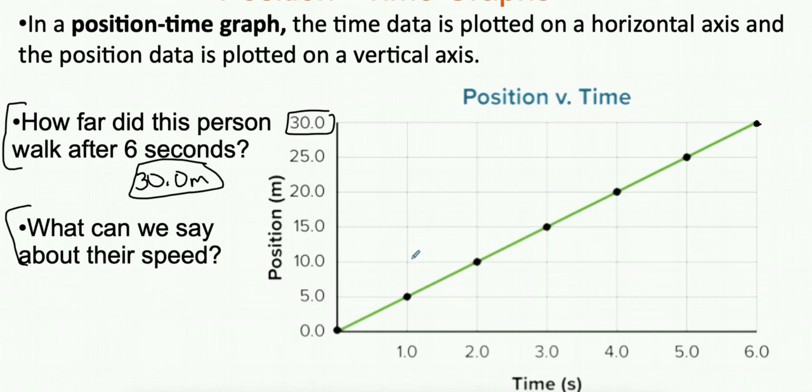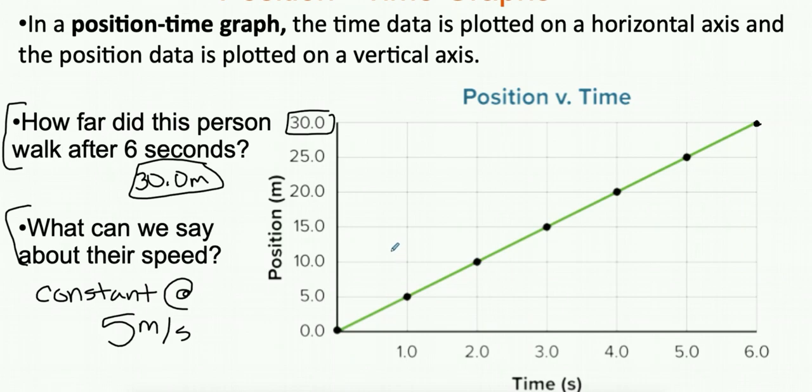So, what is the rate here? Okay? Their speed is constant. Constant at what rate? Well, we went 5 in a second, 5 in a second, 5 in a second, 5 in a second. So that means we're at 5 meters per second at that constant rate.